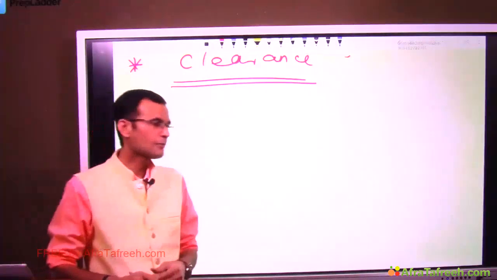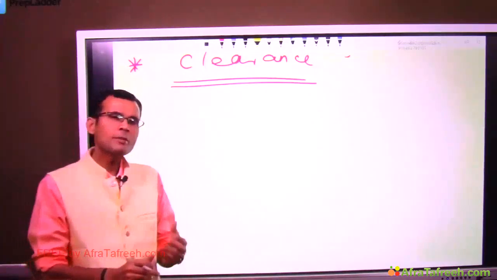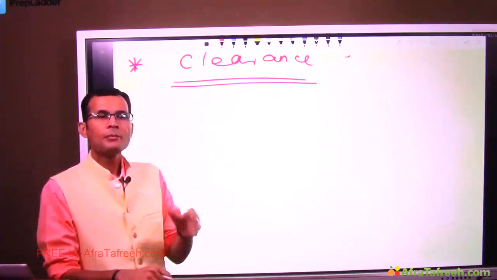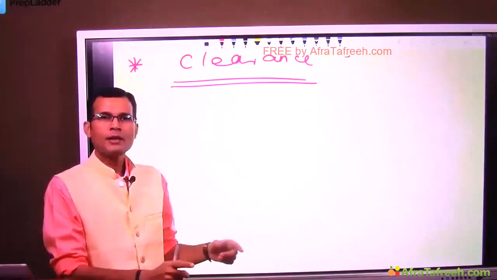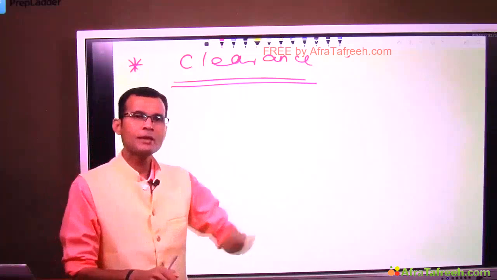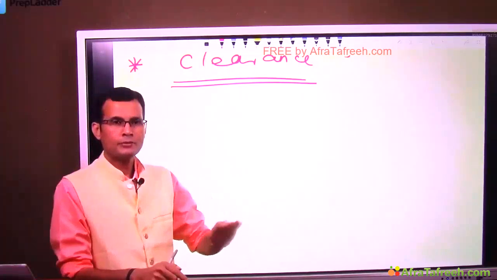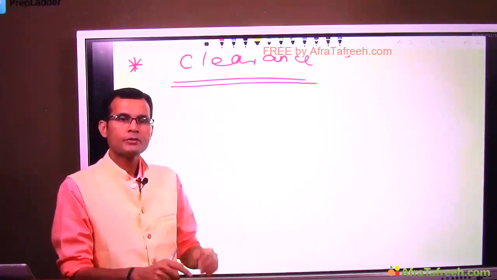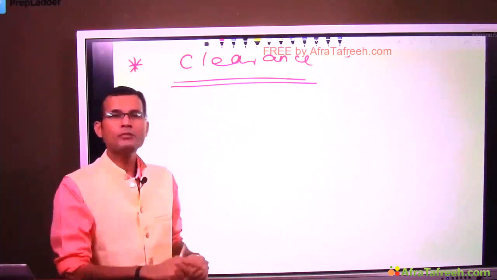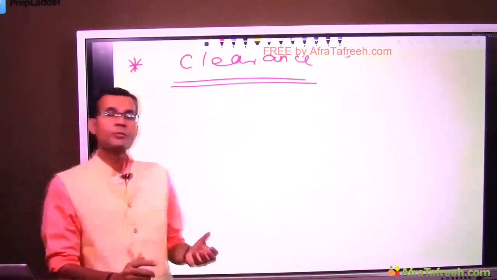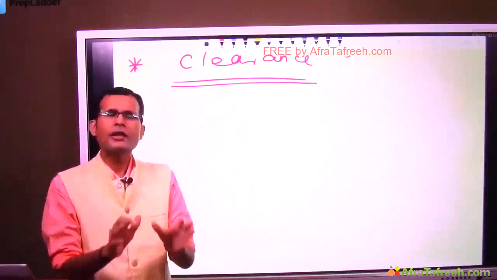That's the definition. Now what does it mean really? It means a kidney will take 1 liter plasma and completely remove that particular substance from it. Then it takes the next 1 liter of plasma and completely removes that substance from it. So that is the definition.